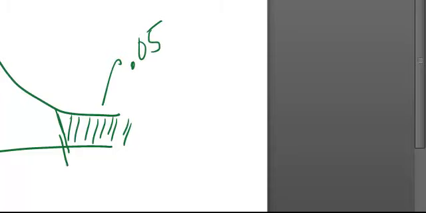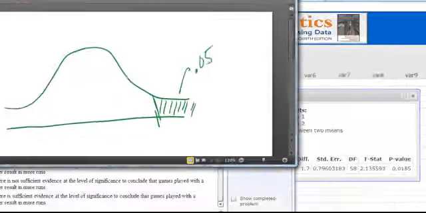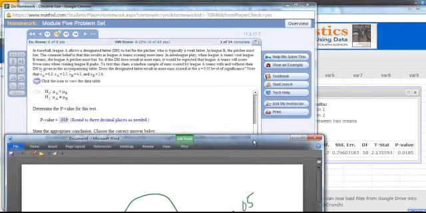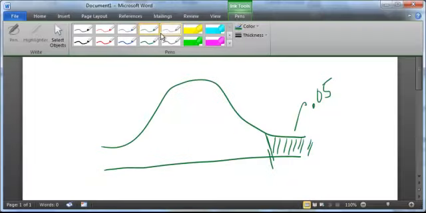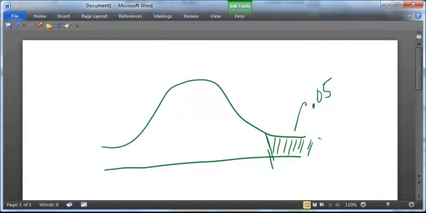The p-value, 0.019, let me do it in a different color, would be down in here.